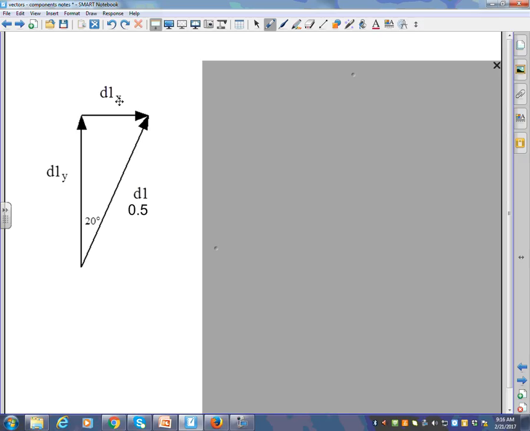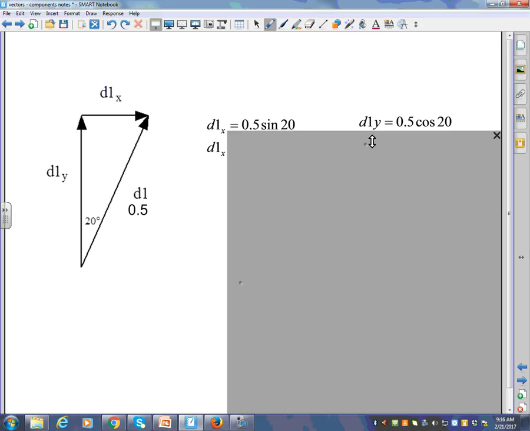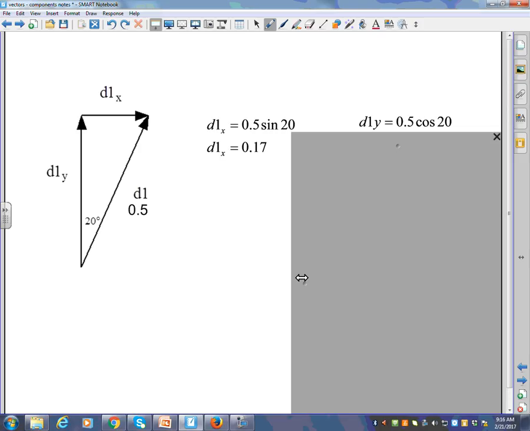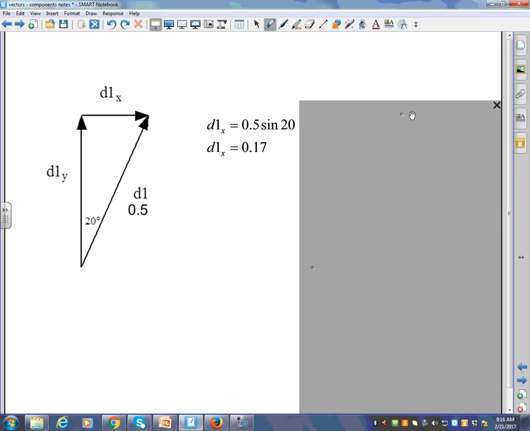Okay, so what would be D1x? Opposite. D1x is going to be opposite, so we're going to use the sine. It would be 0.5 times the sine of 20, which is 0.17. And that's to the right, so it's going to be positive.